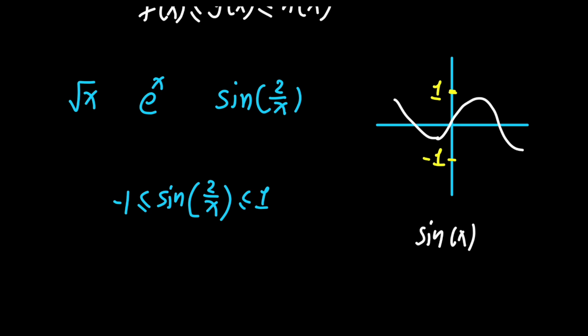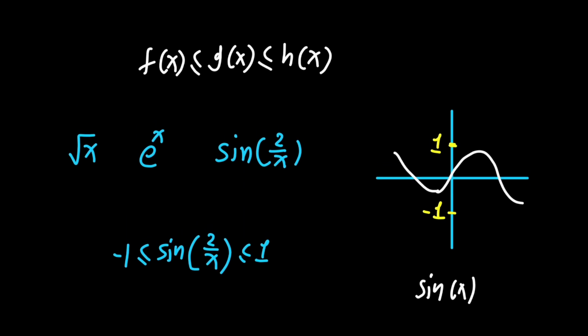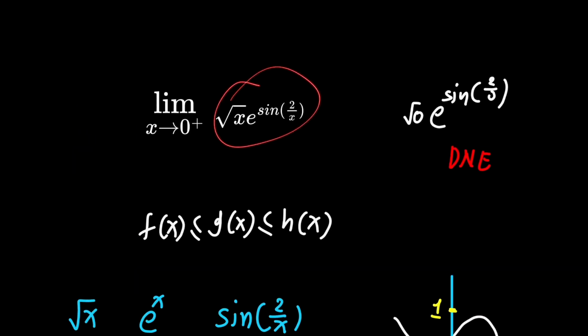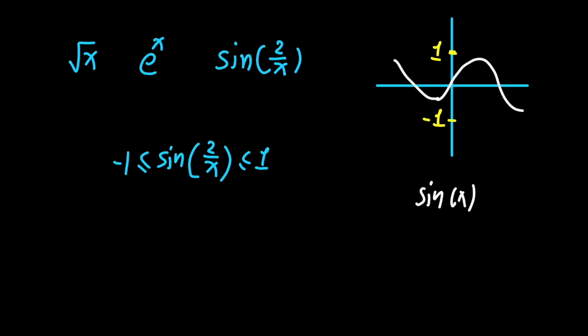Since we have this boundary right now, why don't we just transform this middle function and make it look like this original one? To observe, we have e to the power of a sine function, so we can apply the exponent function to this inequality.